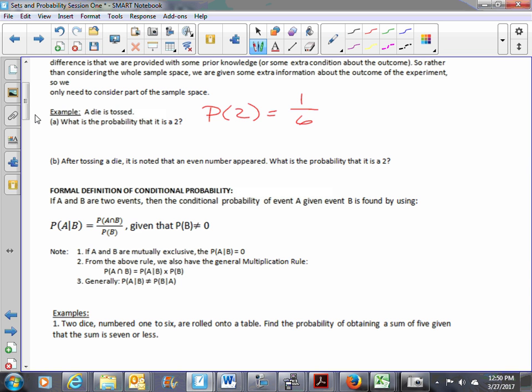Well, the probability that it is a 2 given even would be one way on the top, because there's only one way to get a 2, out of 3 possibilities on the bottom. So the probability that a roll of a die is 2, given that the roll is even, is 1/3.